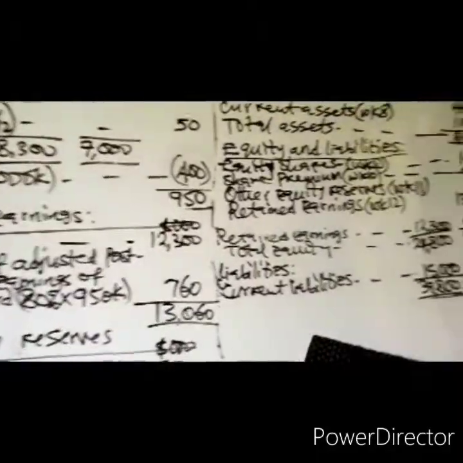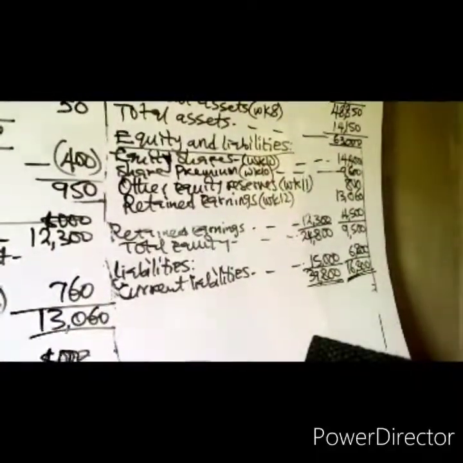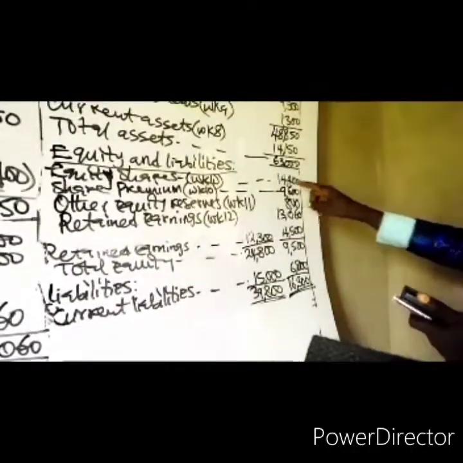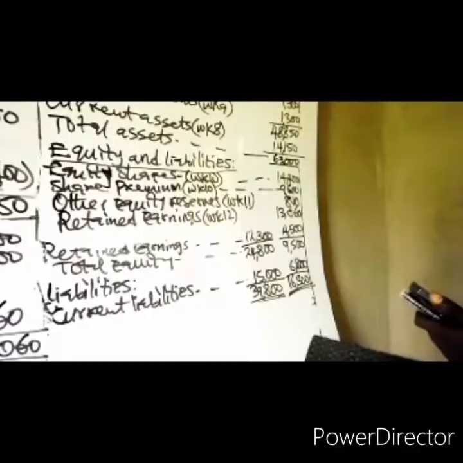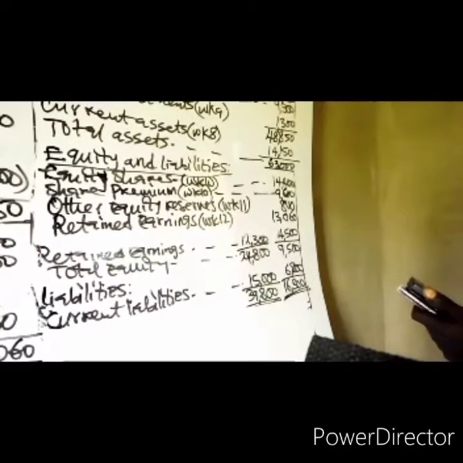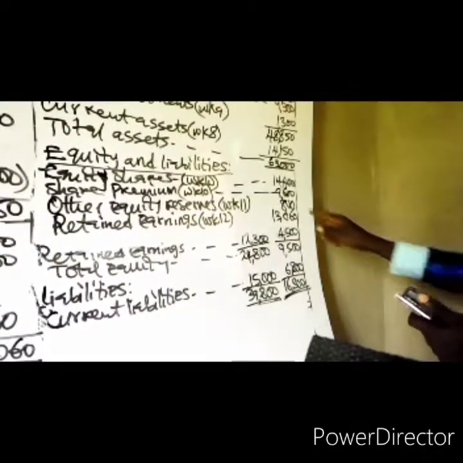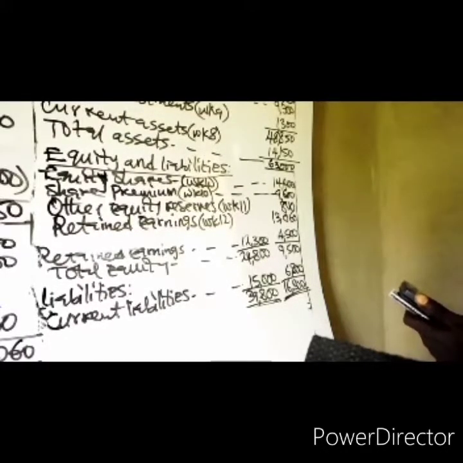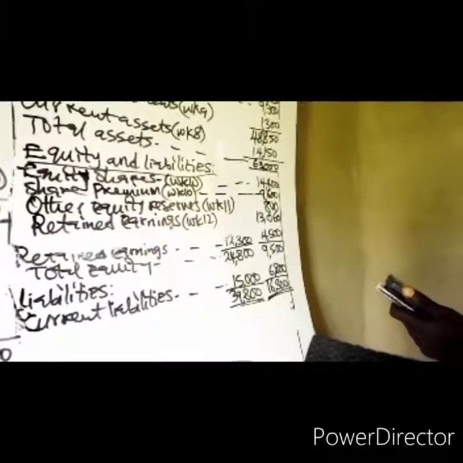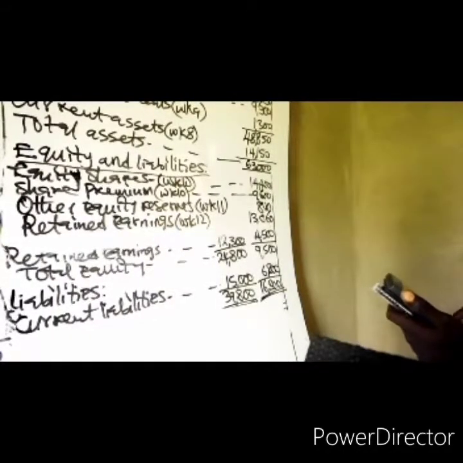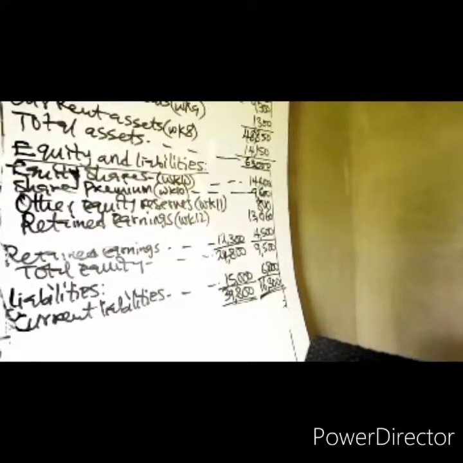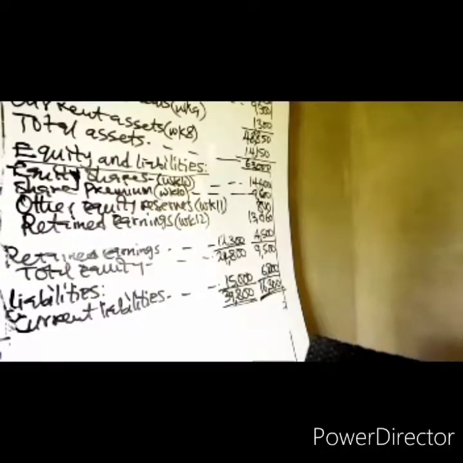Then you now sum up the equity section. You want to get the amount of equity attributable to the parent. Equity attributable to the parent will be 14,400 plus 9,600 plus 800 plus 13,060. Then equity attributable to the owners, that is the parent, is 37,860.